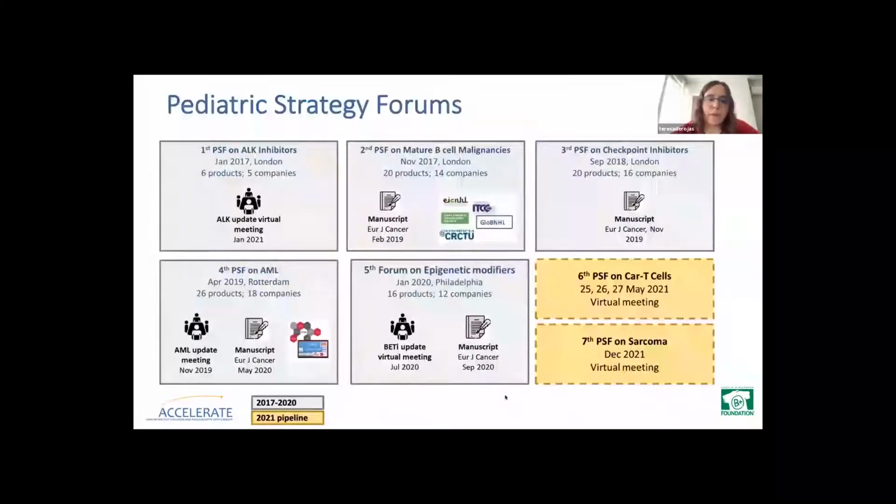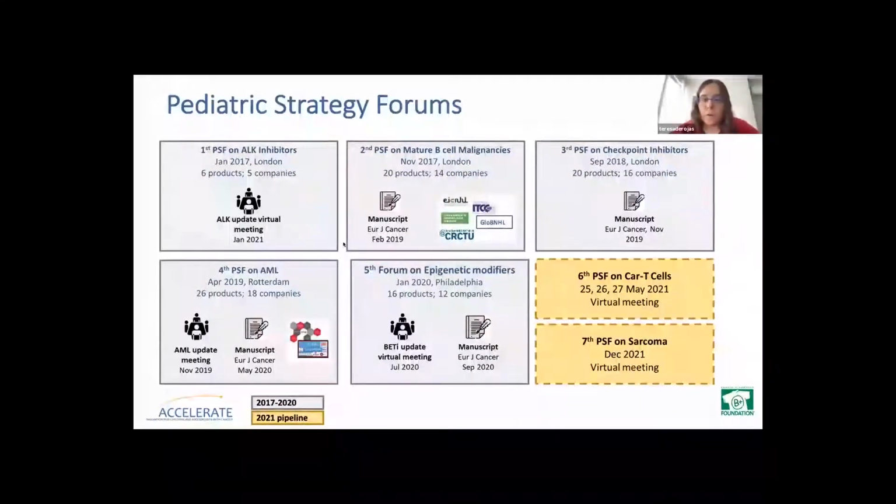And here you have an overview of all the pediatric strategy forums that have been organized so far. The first one, as I mentioned, was the one on ALK inhibitors back in 2017, and with the recent update this year.